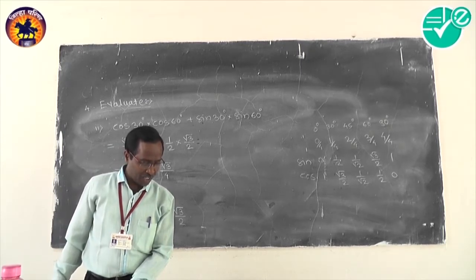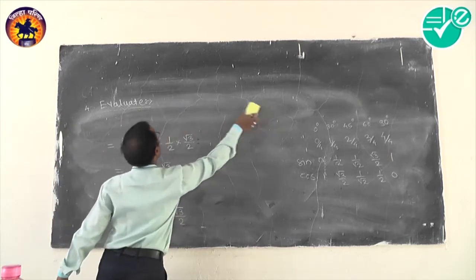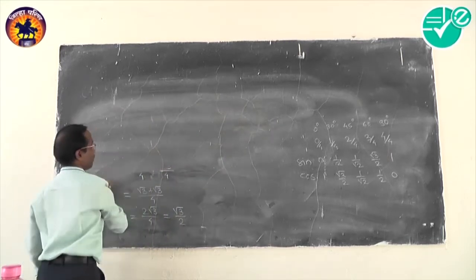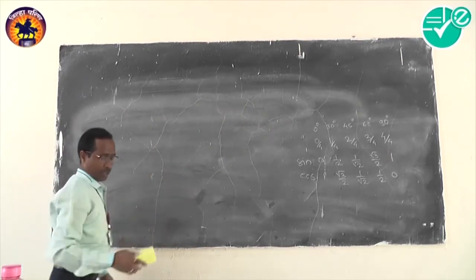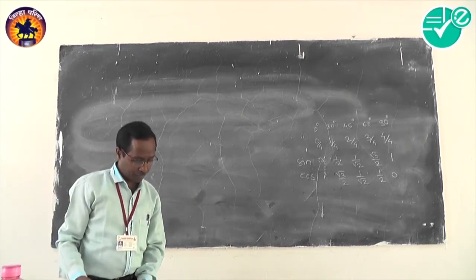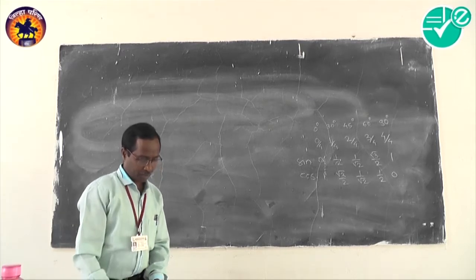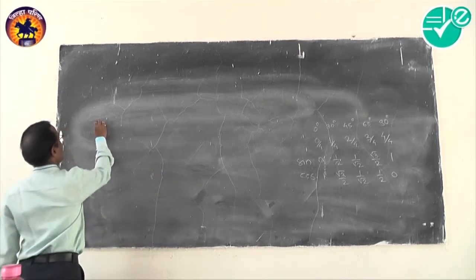Now next, third example: sin square 0 plus cos square 0.